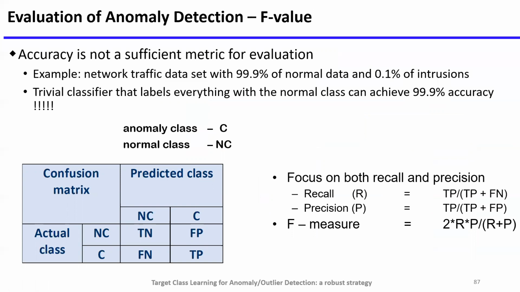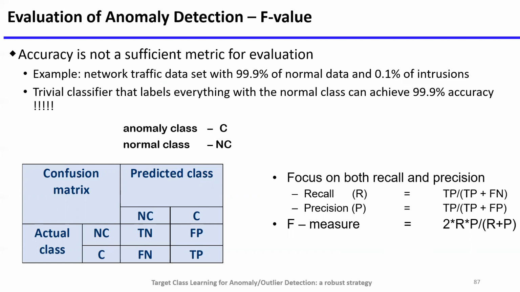You can understand that accuracy is not a sufficient measure of evaluation, because even if you have 99.9% normal data and 1% intruders, there may be a possibility that some of the intruders you have counted among the normal data. So explainability is very important here. Accuracy is not a sufficient metric.